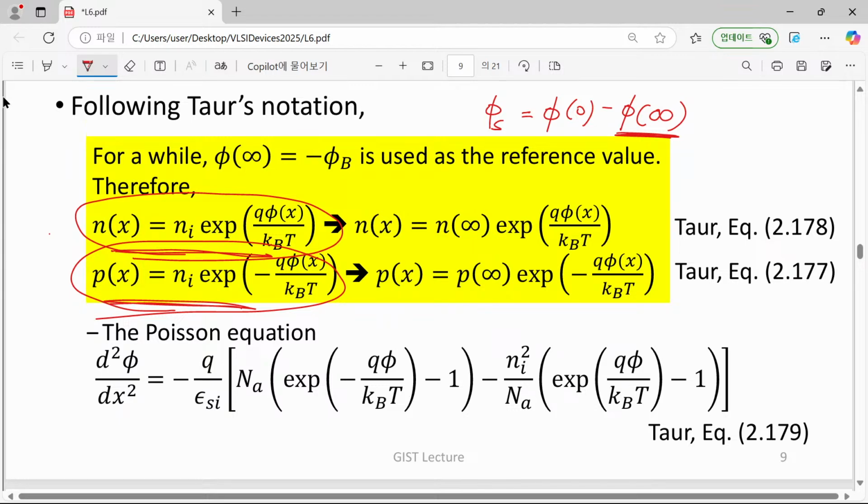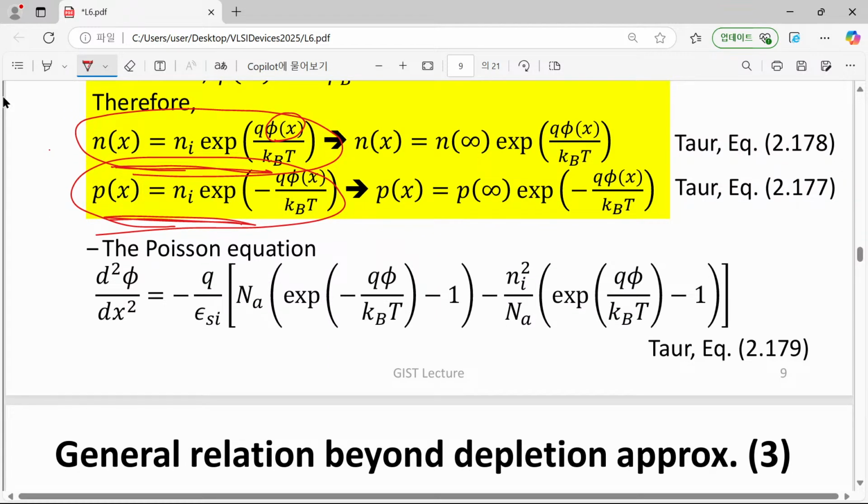Therefore we do the same thing. Let me slow down and explain it again. Here, this is the general expression we will follow, phi.